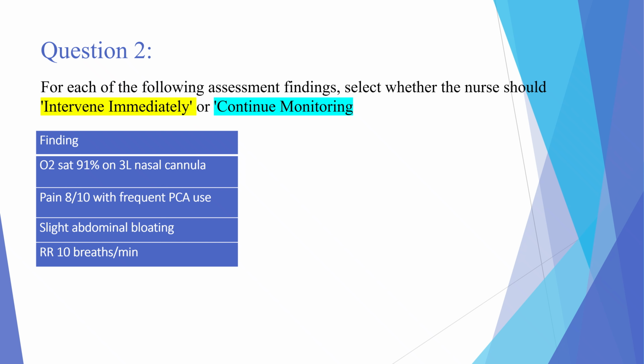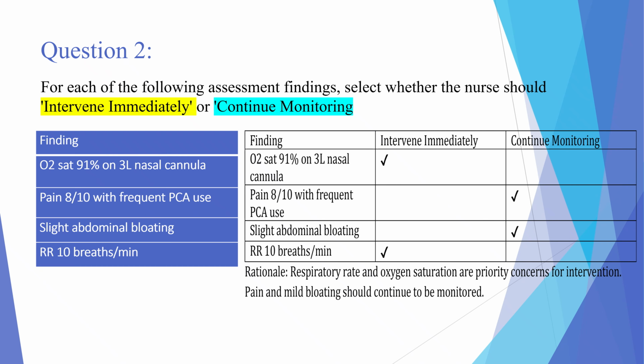On question 2, for each of the following assessment findings, select whether the nurse should intervene immediately or continue monitoring. So here we have the findings from our case. The first one, we intervene immediately for the O2 sat.